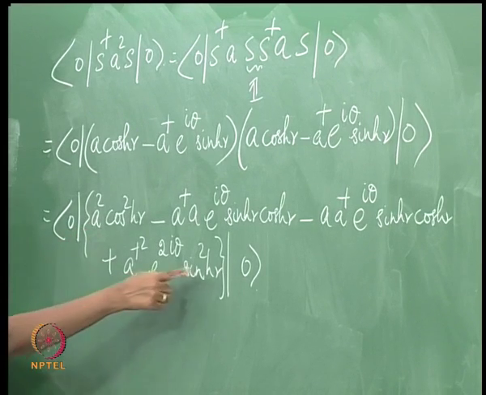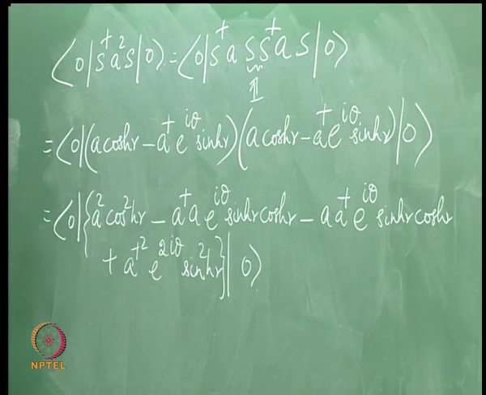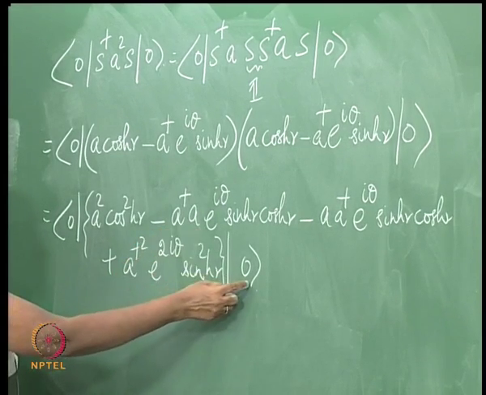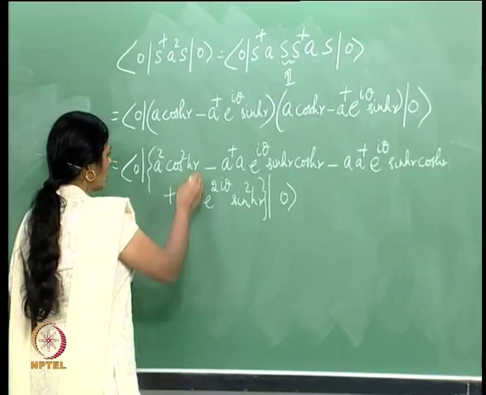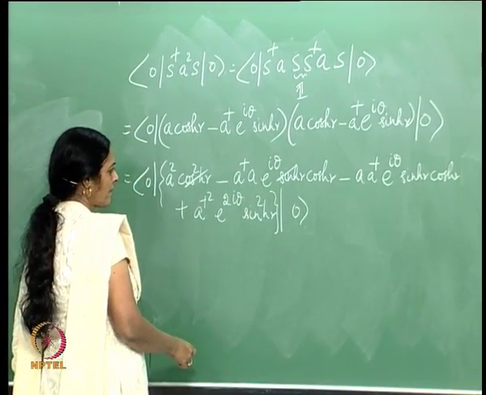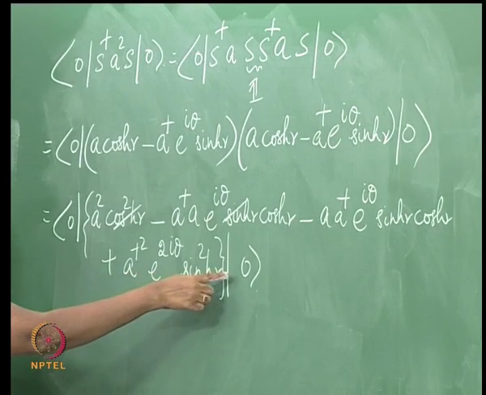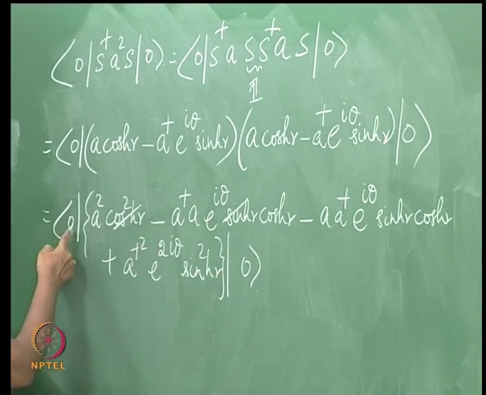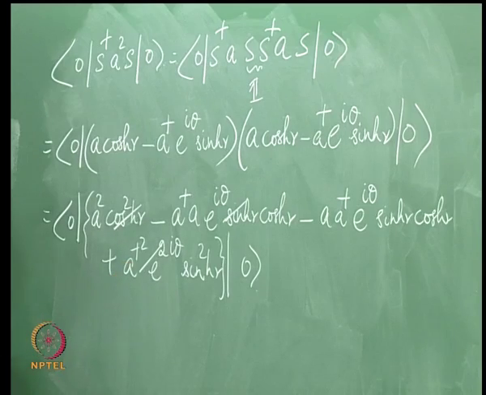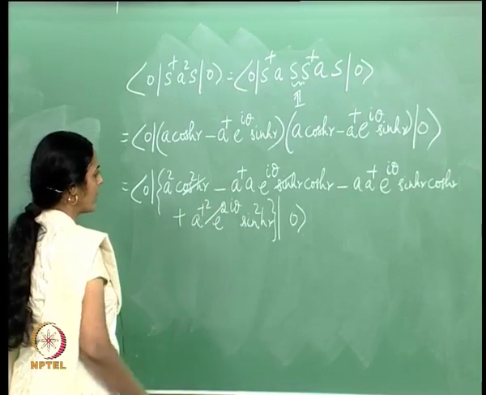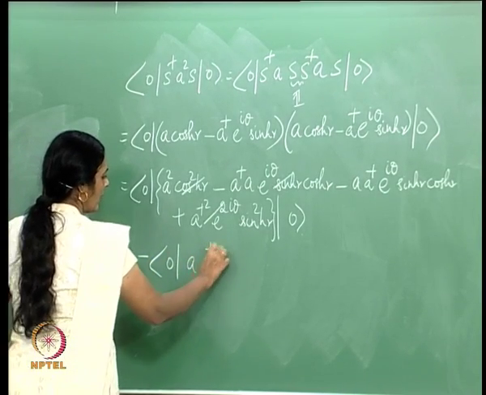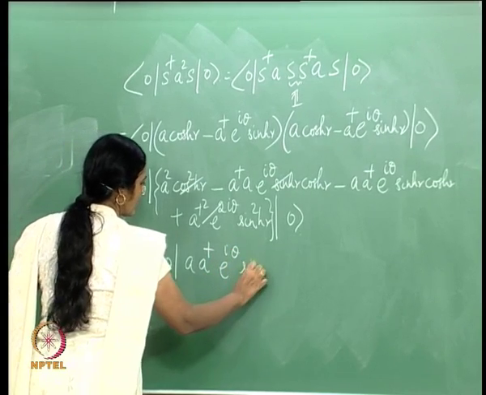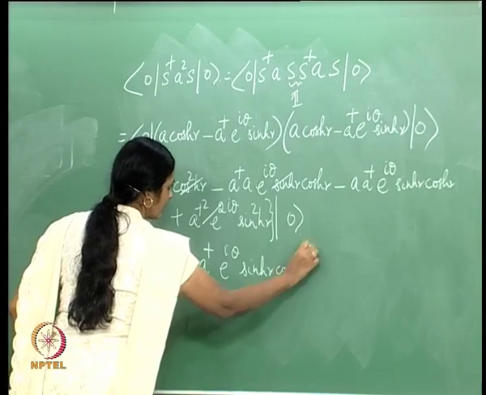It is evident that the first term does not contribute because A squared on ket 0 is 0. Now, A dagger A on ket 0 is also 0 because ket 0 is an eigenstate of A dagger A with eigenvalue 0. So, these terms do not contribute. A dagger squared acting on ket 0 gets me ket 2, and by the orthonormality property, ket 0 is orthogonal to ket 2, so this term will not contribute. And then I have minus A dagger left. So, this is the same as minus bra 0 A dagger e to the i theta sin hr cos hr ket 0.